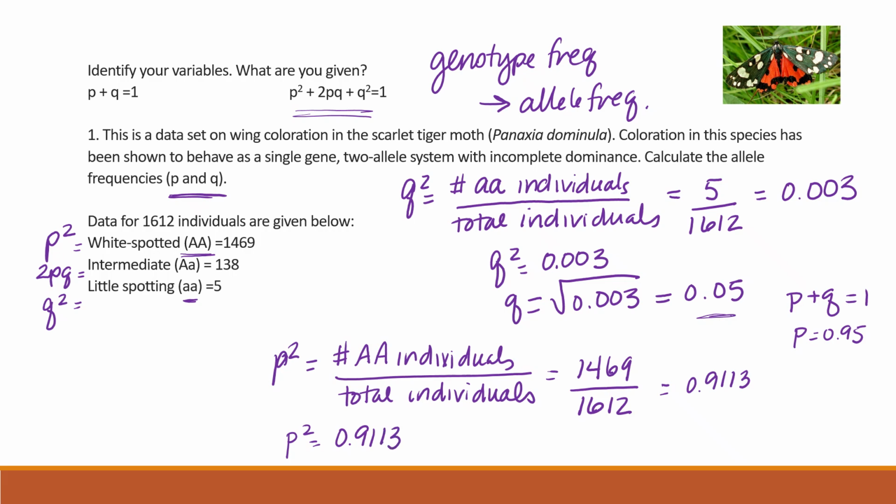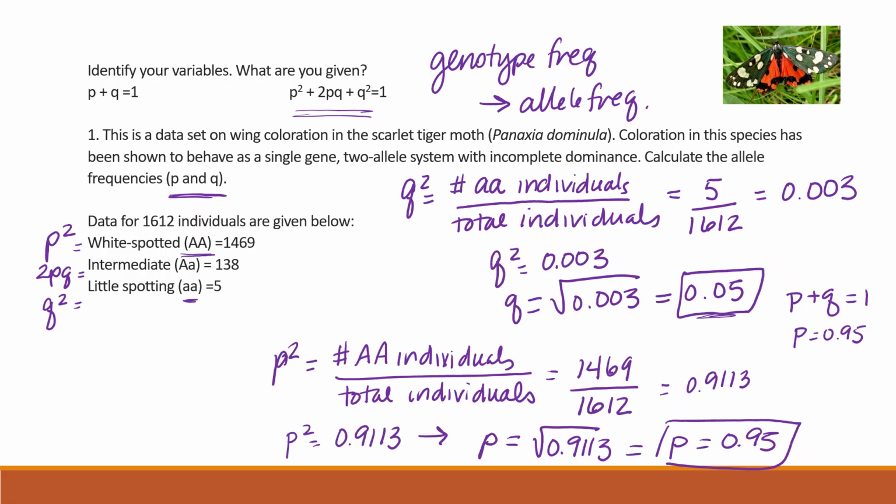I'm just keeping decimals for a minute, and then at the end I'll round to 2 decimals. So that means that P is equal to the square root of 0.9113, and that comes out to be 0.095. So either way, we have calculated our P and our Q.